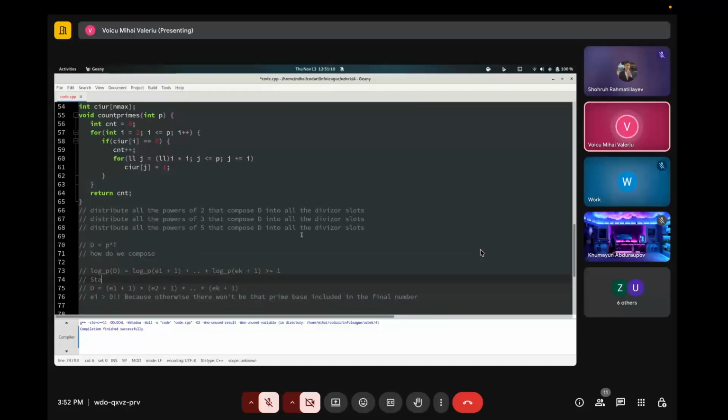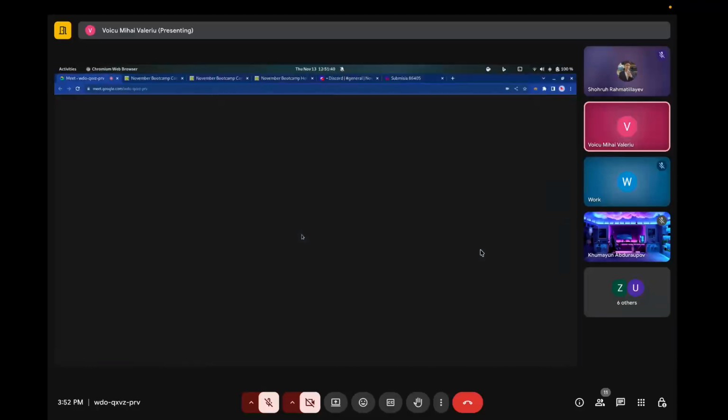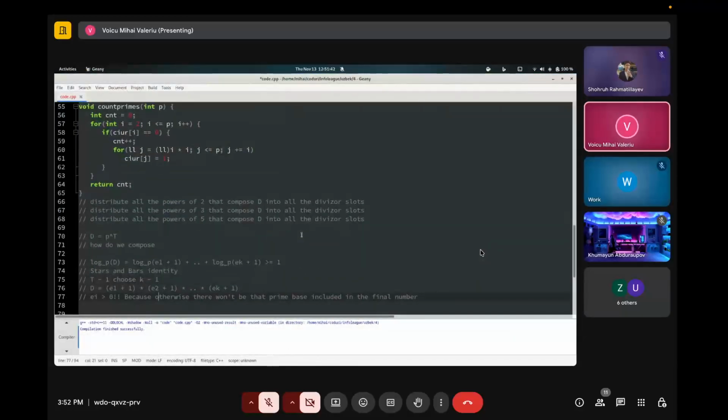We discussed this, it's called stars and bars. In such a case, we will have D minus 1 choose K minus 1. Is that correct? It is correct. Does everyone agree so far? I hope they do.